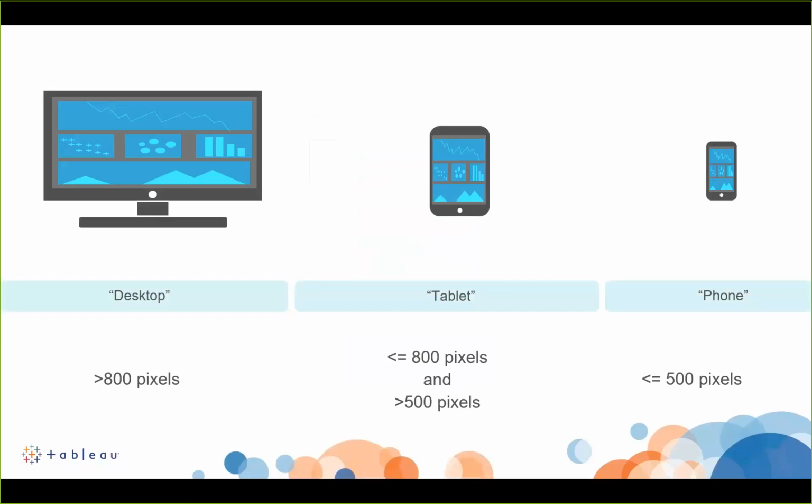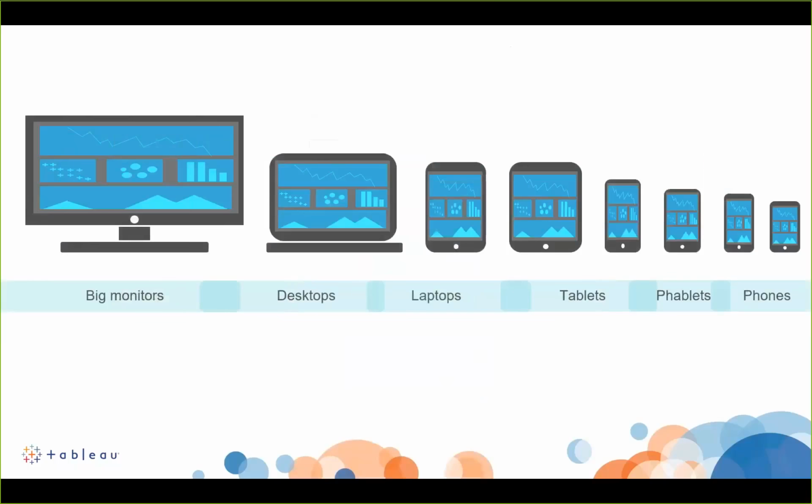Now, obviously what that means is, in the spectrum of end user touch points, you can walk the halls of various organizations and see people with very large laptops or very large monitors, and people with small laptops. There could be some overlap where something is classified by a user as a tablet, but maybe Tableau picks up on it as a phone.